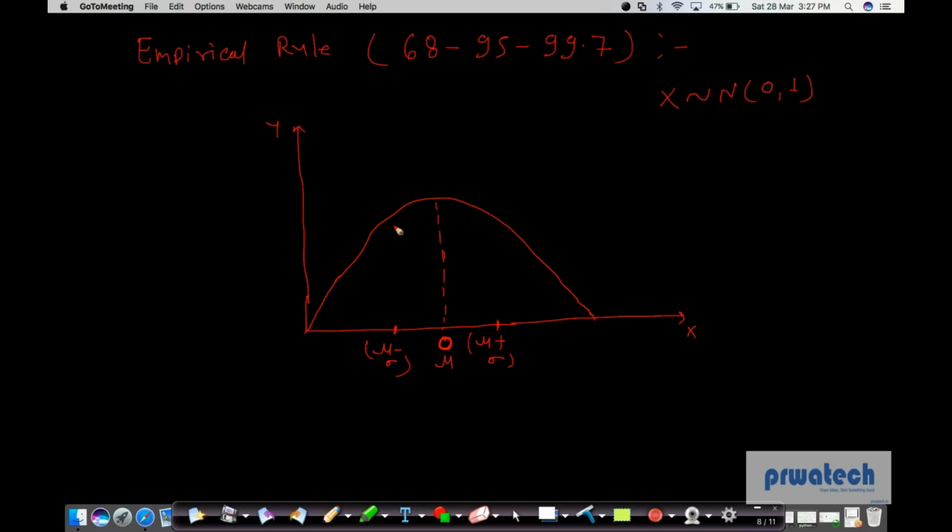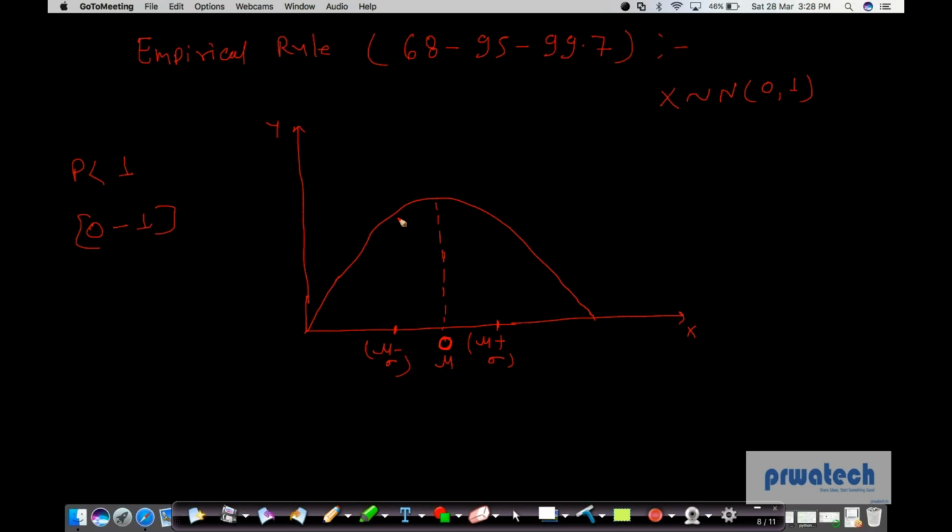If I ask you what is the total probability of this whole curve, any probability can be maximum 1, not more than that, right? Probability values vary between 0 and 1. This is the whole concept of probability.